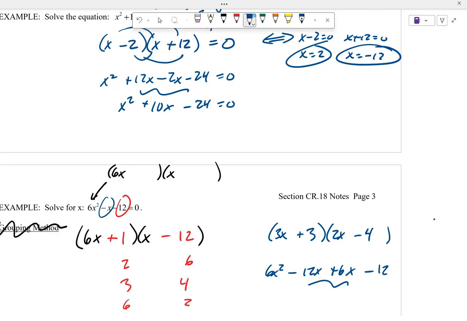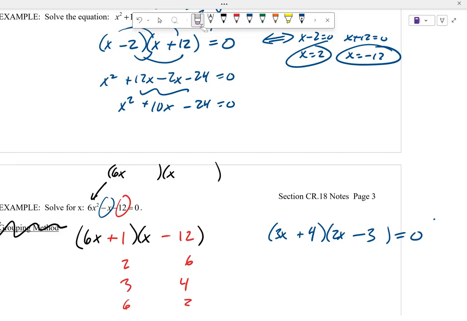Hold on, 4 and 3. I'm sorry, I did the same one, didn't I? Sorry about that. 4 and 3. There we go. 6x squared minus 9x plus 8x minus 12. There's the minus 1x. Okay, so we finally factored the thing.